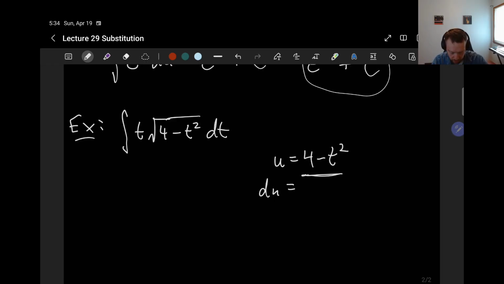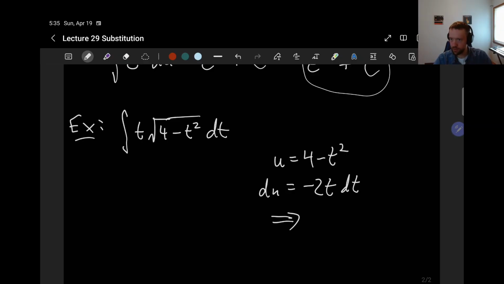So for du, we take the derivative of u and then times dt. So I get negative 2t dt. Well, notice I don't quite have a negative 2 dt sitting in here. I'm close. I have a t dt, but not a negative 2 that's being multiplied onto it anywhere. So, are we out of luck? The answer is no. As long as this is just a constant, then we can work with that pretty easily.